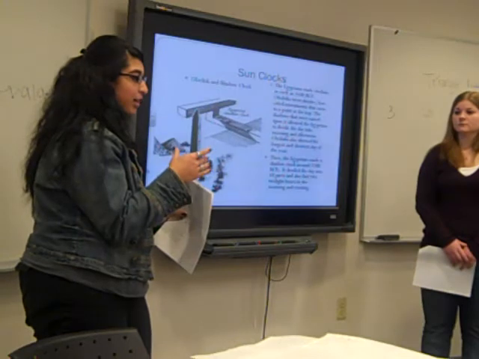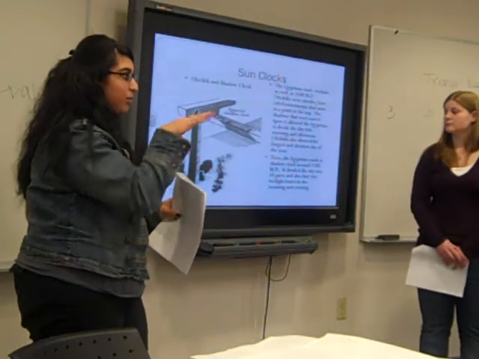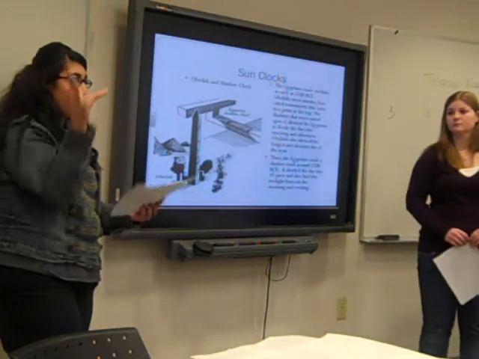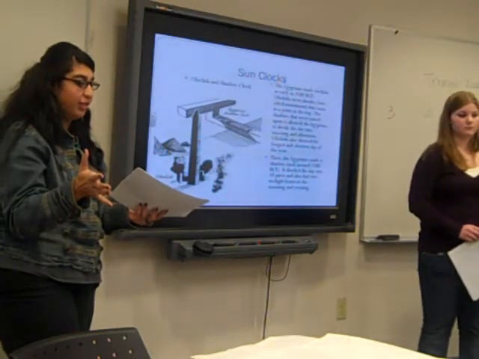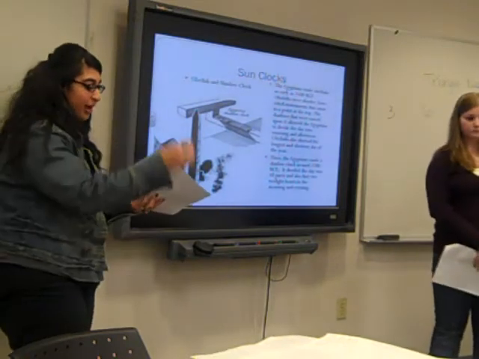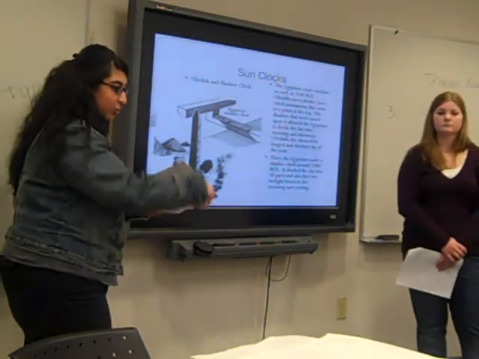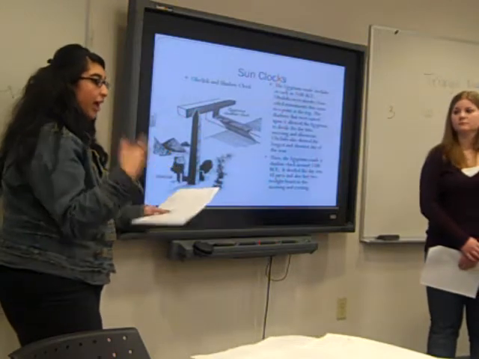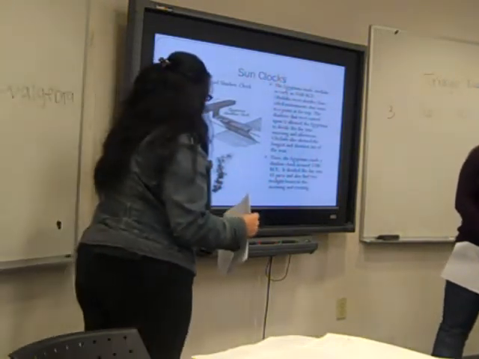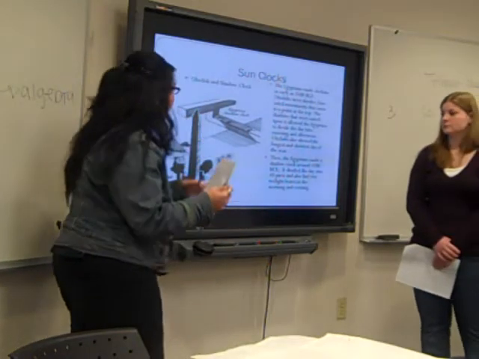How this came to be was that people saw that the sun shone for X amount of hours during the day. So the first sundial clock was created by putting a stick in the ground and watching the shadows go by, and then it later evolved into using obelisk, which is this thing right here.